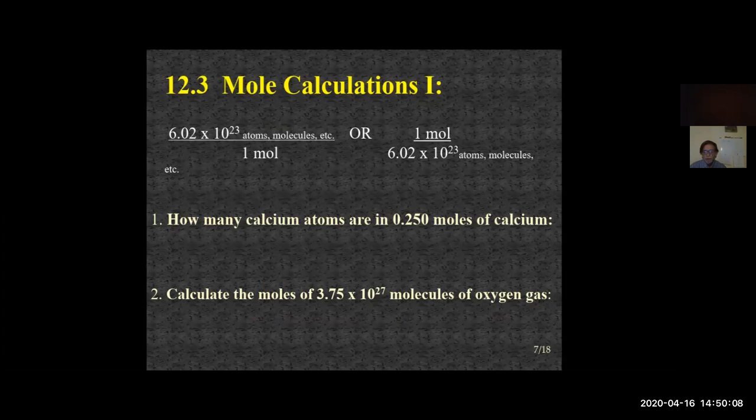So I can write it either with 6.02 times 10 to the 23rd atoms per mole, or molecules or units, whatever I'm doing, or flip it, whichever one I need for the calculation.